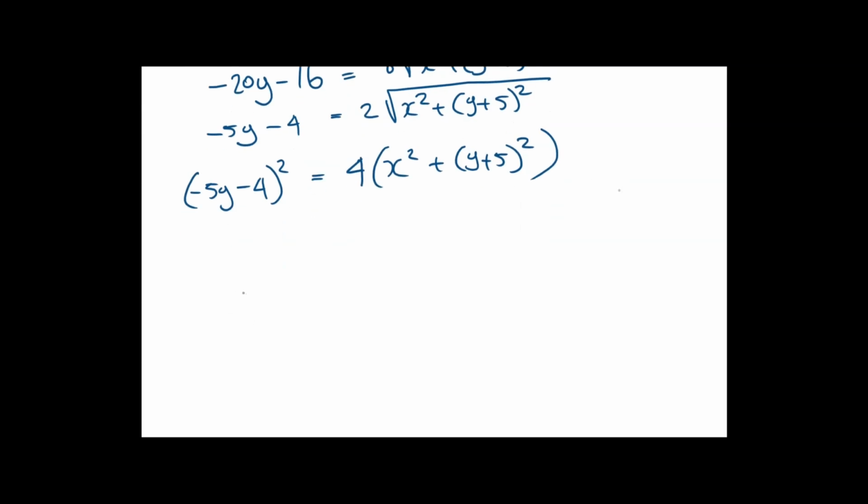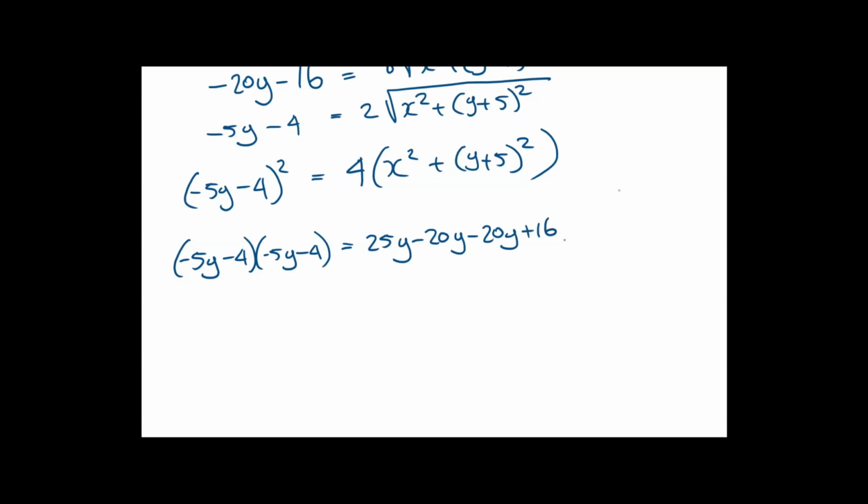Let's have a look at this left-hand side. So (minus 5y minus 4)(minus 5y minus 4). That's going to give us 25y squared minus 20y minus 20y plus 16. So that's the left-hand side.